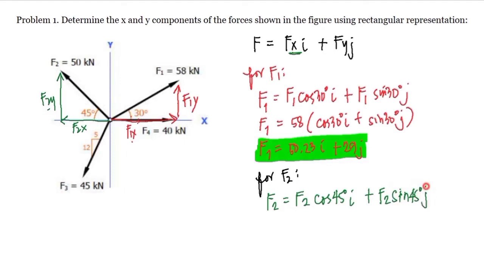And we have here the unit vector j. F2 is equal to 50 kilonewton. So we have here F2 is equal to 50 kilonewton multiplied by cosine 45 i for the x component and sine 45 for the y component.